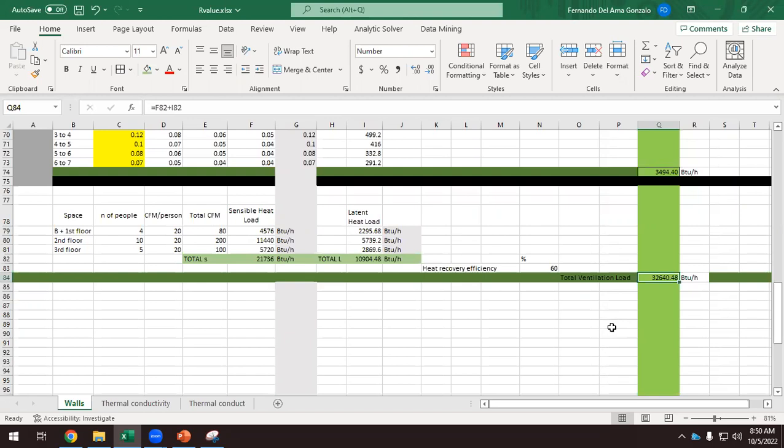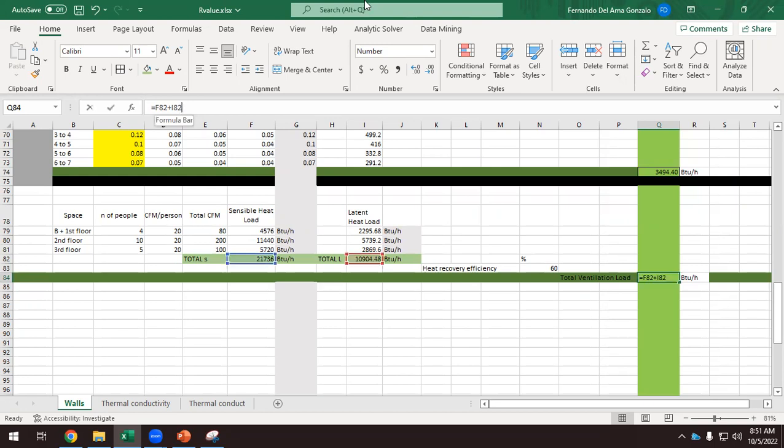So how can we do that? So the total heating load will be this minus the energy that I can recover. And if we have a 60% of efficiency, that means that I'm recovering 60% of that. So at the end, I think we can do this.